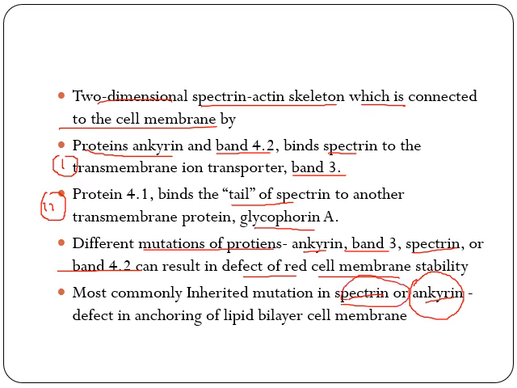So the most common mutation is ankyrin and the severity depends upon the level of spectrin. So this was about red cell membrane skeleton defects which lead to hereditary spherocytosis.